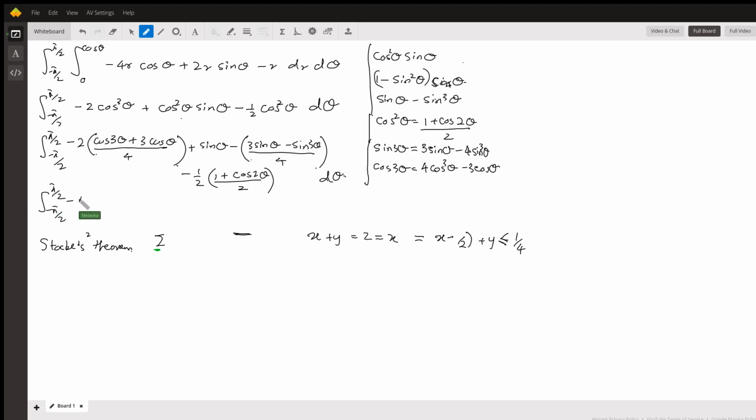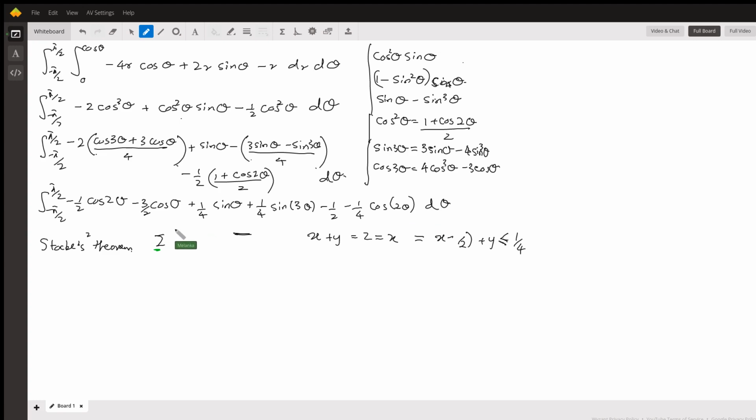We have negative 1/2 cosine 3 theta, negative 3 over 2 cosine theta, plus 1/4 sine theta plus 1/4 sine 3 theta, negative 1/4 cosine 2 theta d theta.